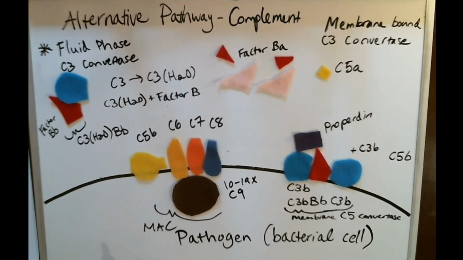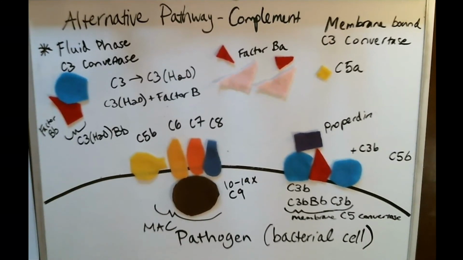So this pathway is a little bit complicated in that we're looking at sort of two arms of it, but you'll see again that many of the same principles of the other complement cascades apply here in the alternative pathway. Main thing to think about is that there is the blood version, the fluid phase, and the membrane-bound version in this pathway.